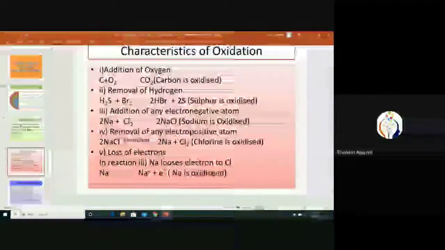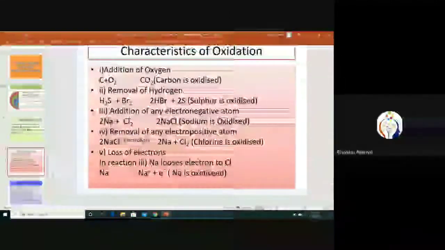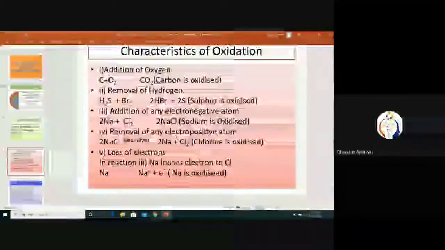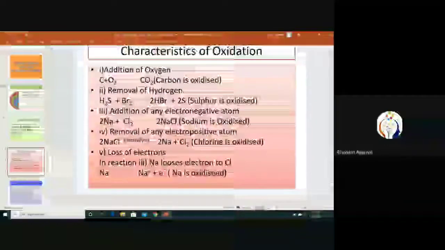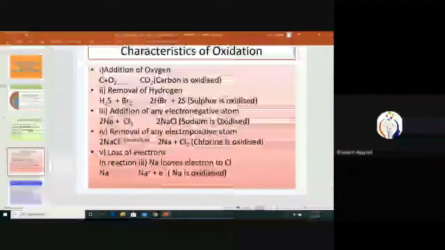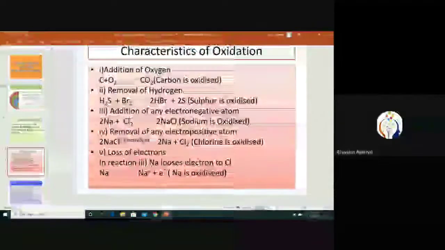So loss of electrons is also known to be a characteristic of oxidation. In this reaction, sodium loses the electron to chlorine. That means sodium is oxidized in the reaction.